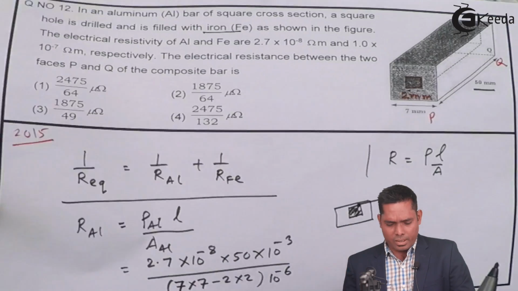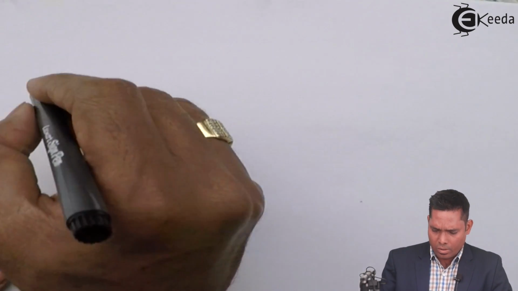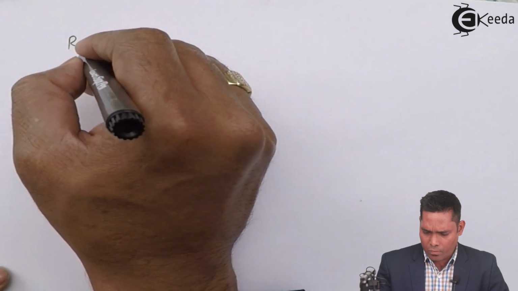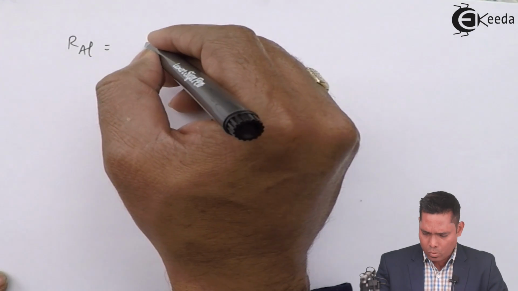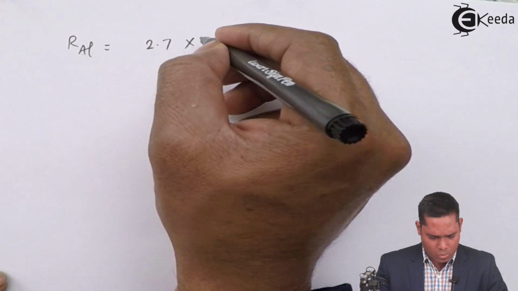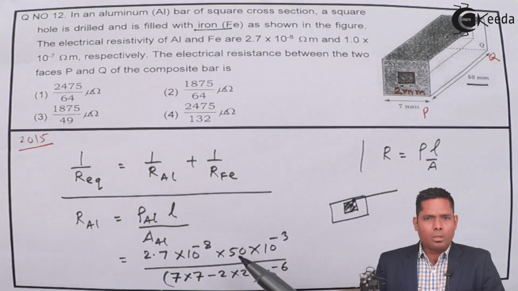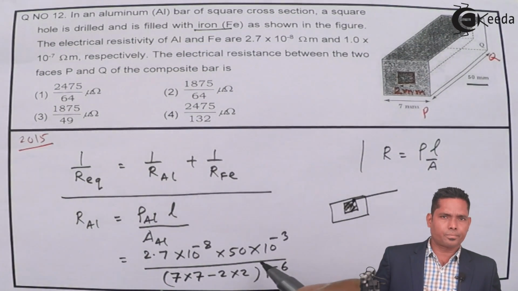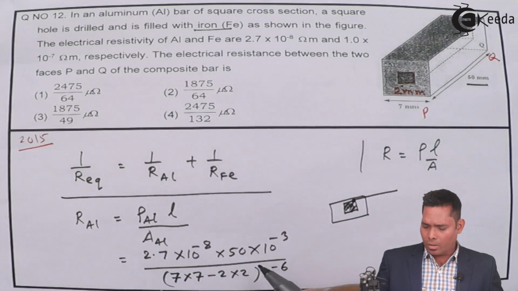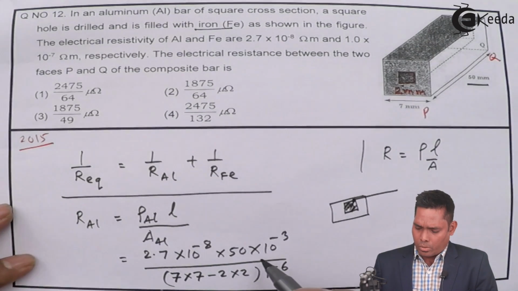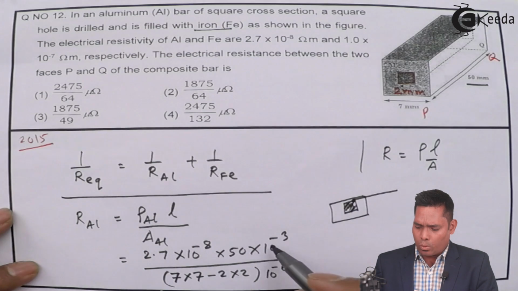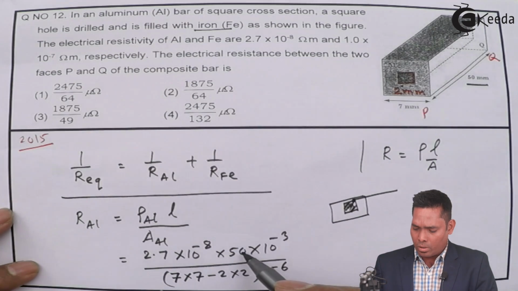So if we solve this, then what we'll get? So let me write this resistance of aluminium, which is 2.7 into 10 raised to minus 8 is here, 6 goes up, so it's minus 2, and this is minus 3, that's minus 5, 1 zero goes, so it is minus 4.